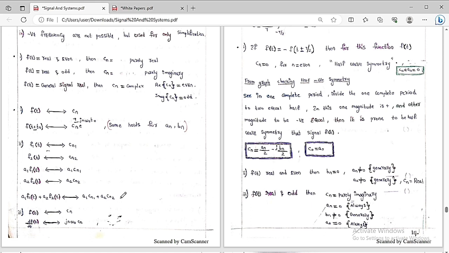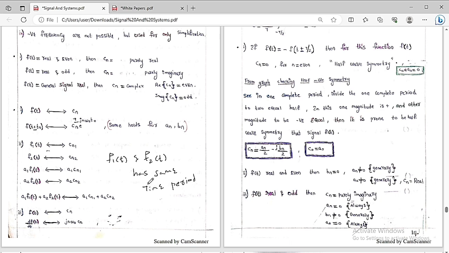But what is the condition? The condition is very simple: f1 of t and f2 of t must have the same time period.